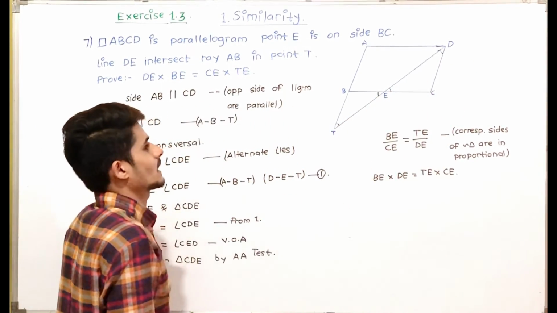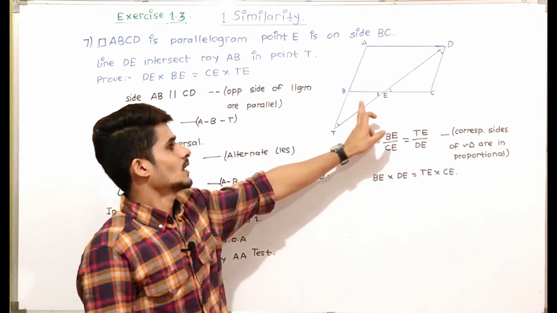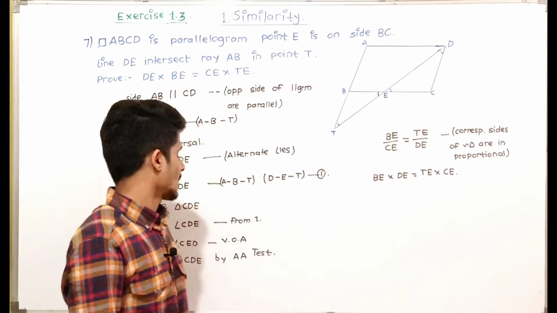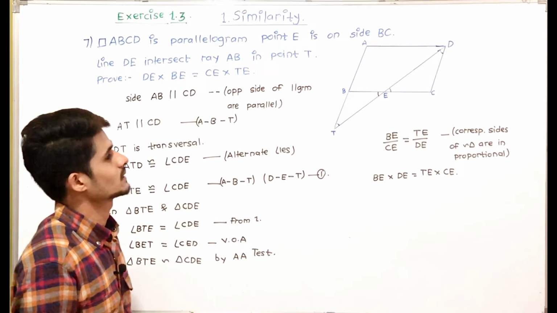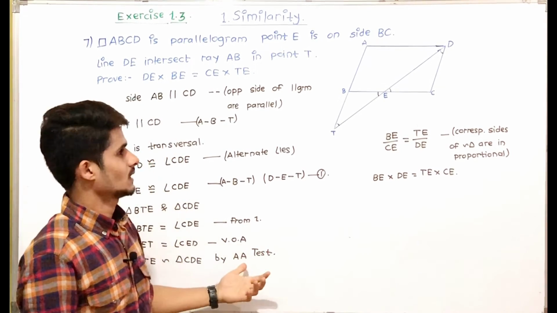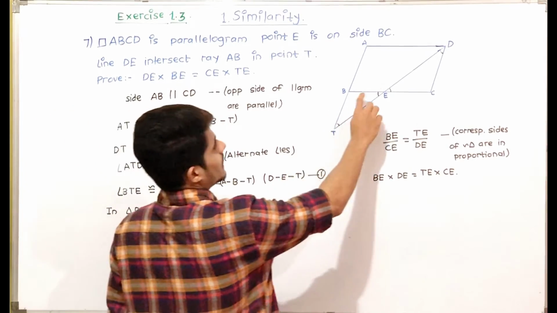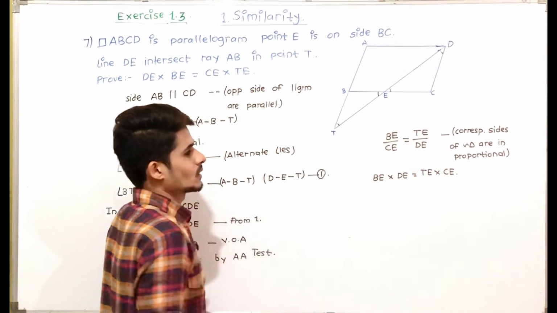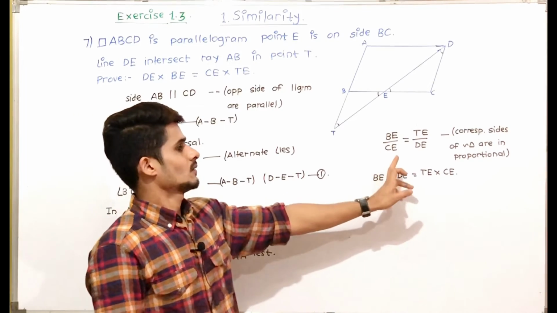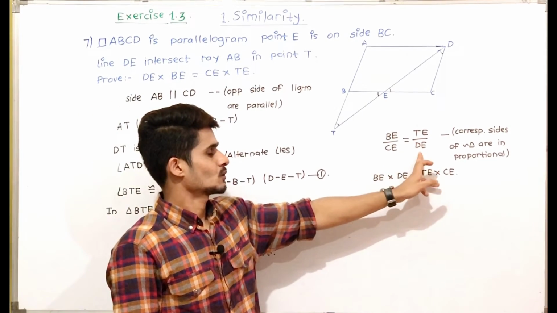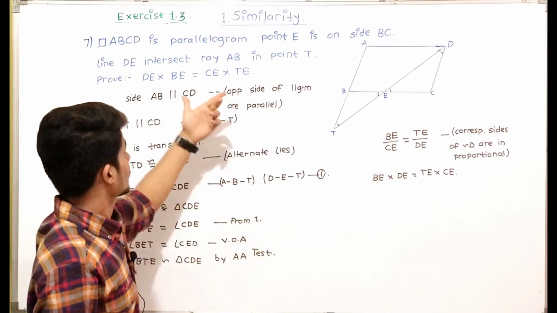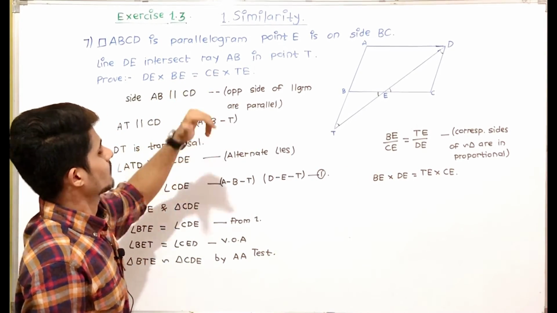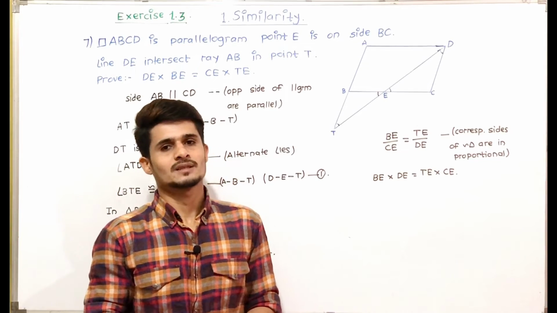Then our triangles will be similar by the AA test. Once the triangles are similar, we'll take the corresponding sides in proportion, and after that we just cross multiply and get what we have to prove. So this was question number 7.